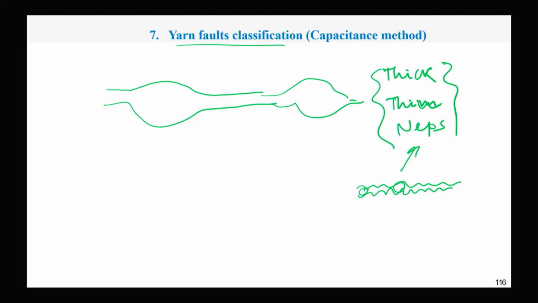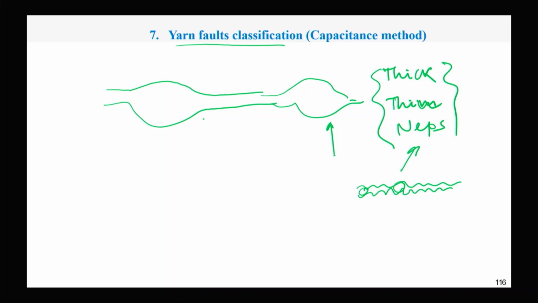The imperfections are also faults, but to a very lower extent, which will be there in the yarn, in the staple yarn particularly, and to some extent they are acceptable. But faults are of larger extent, and most of the faults don't generate in a regular fashion, they generate occasionally.